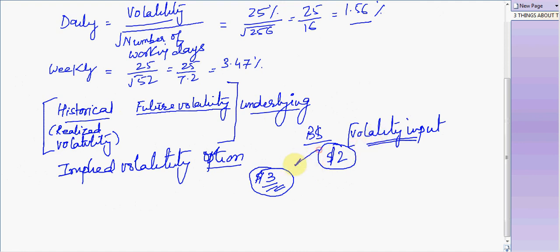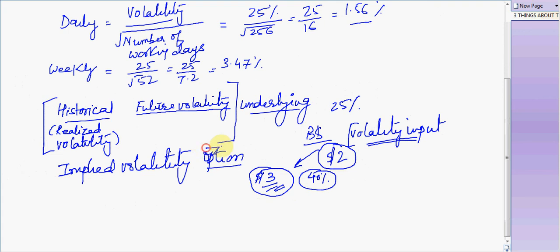Suppose the Black-Scholes model's theoretical price had an assumption that the volatility is 25, but when you do the reverse calculation, you find that the market participants are using a volatility assumption of 40. So implied volatility is 40, and this is in fact what implied volatility is. It's the market's opinion of what the volatility is for that particular underlying, and this is associated with an option.